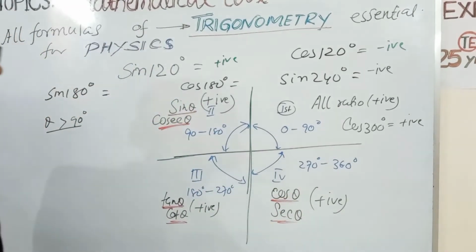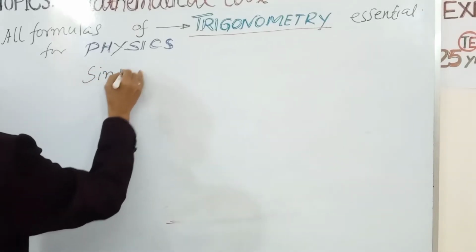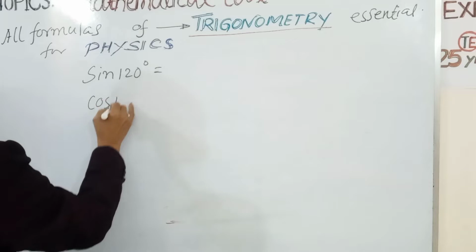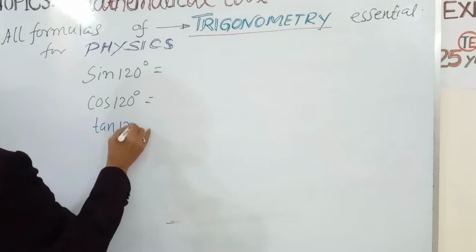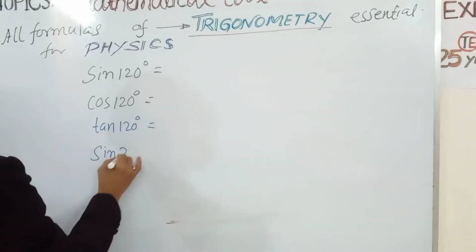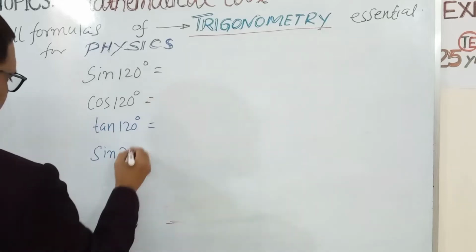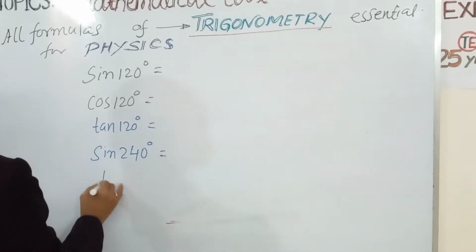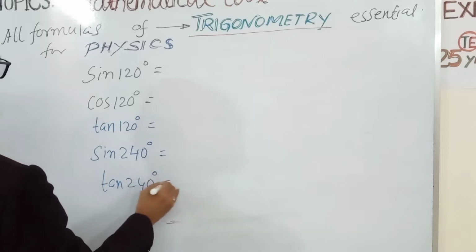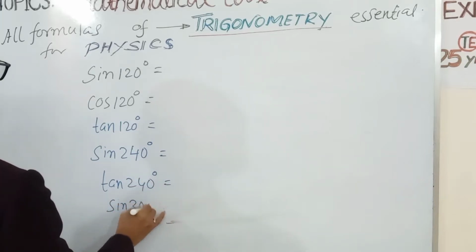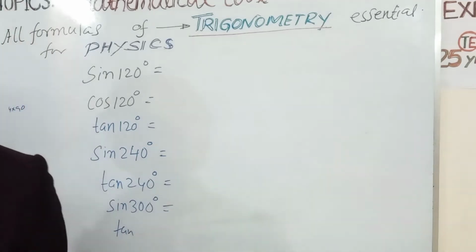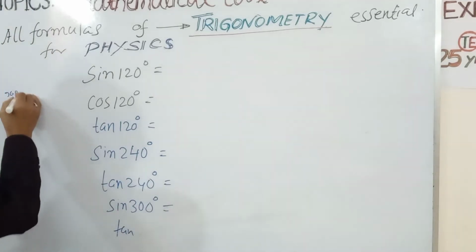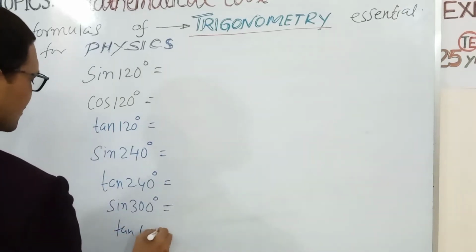Now how to find these angles? The value of sine 120 degree, cos of 120 degree, tan of 120 degree, sine 240 degree, tan 240 degree, sine 300 degree, tan 360 plus 60, 420 degree.